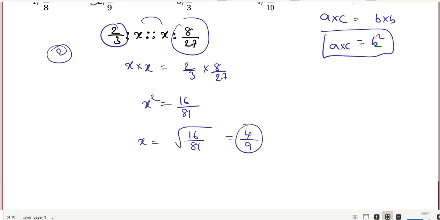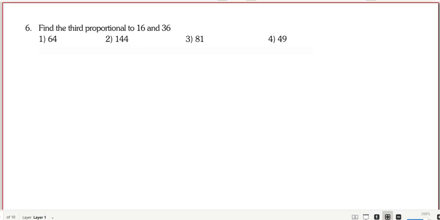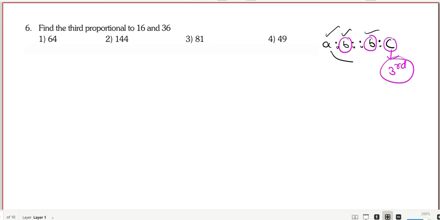Now, let us go ahead with the next question. Find the third proportion. What is meant by third proportional? If A is to B as B is to C, in this proportion the second and third terms are equal, and the fourth term is known as the third proportional. The formula is product of extremes is equal to product of means.